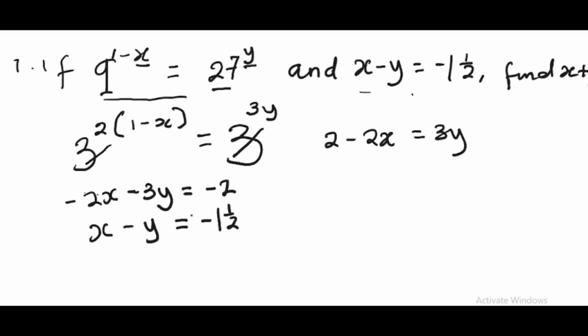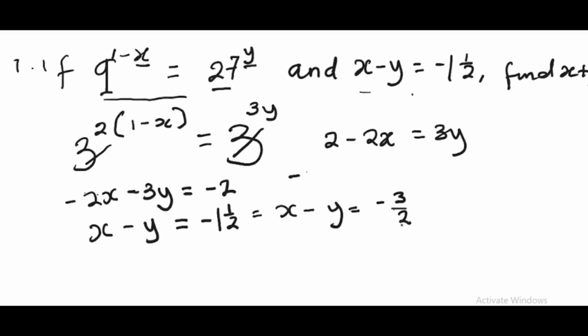To solve this second equation, having that mixed number will be an issue. So we first convert to an improper fraction. If we convert, we will have x minus y is equal to minus 3 over 2. We still have a fraction, but we can actually clear this fraction. To clear this fraction, multiply through by what?